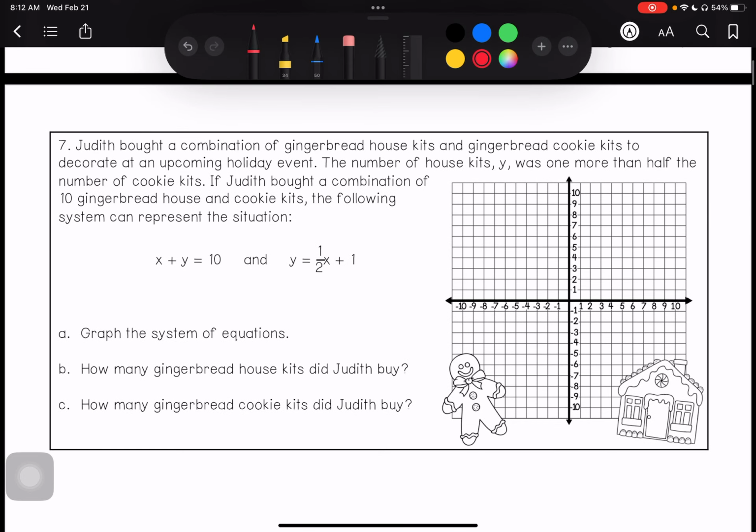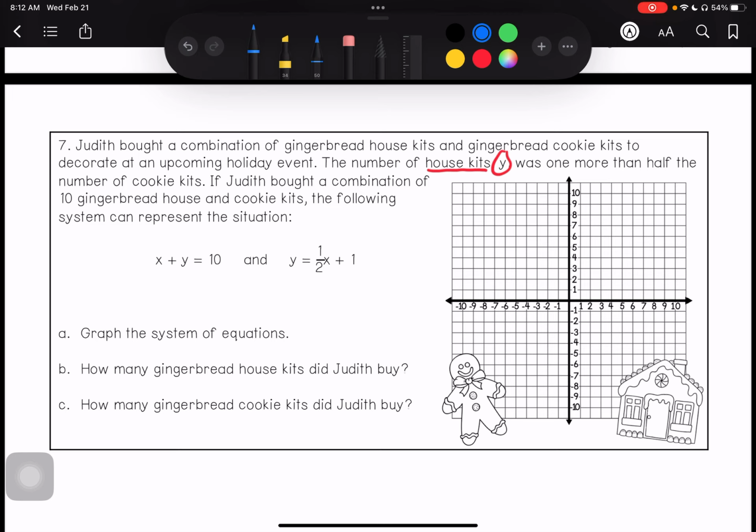Number 7. Number 7 said Judah bought a container of gingerbread house kits and gingerbread cookie kits to decorate for the holiday event. The house kits, Y, was one more than half of the number of cookie kits. Judah bought a combination of 10 gingerbread houses and cookie kits.